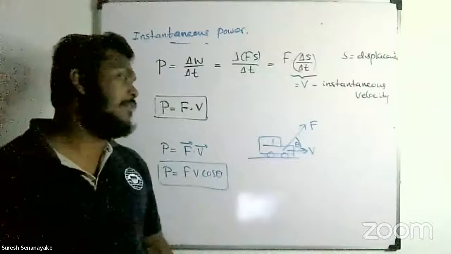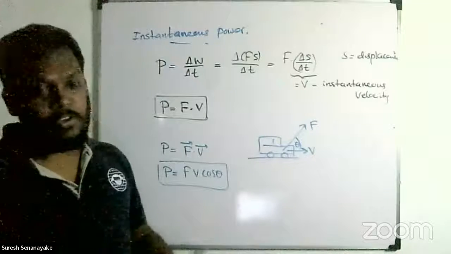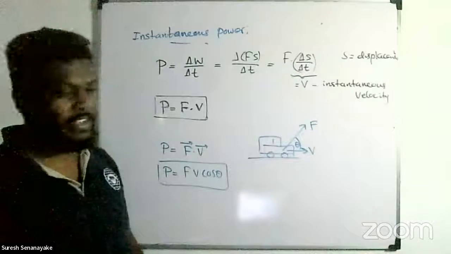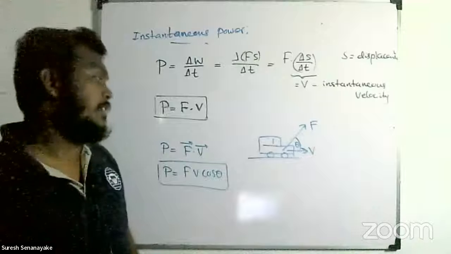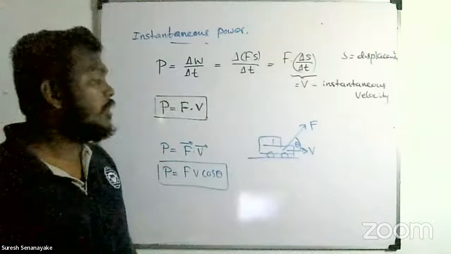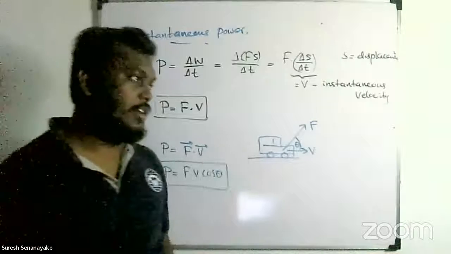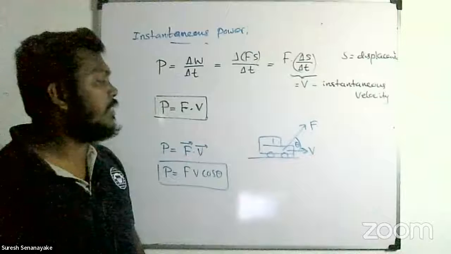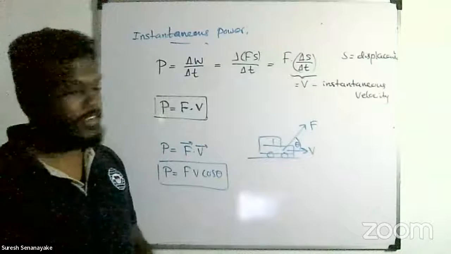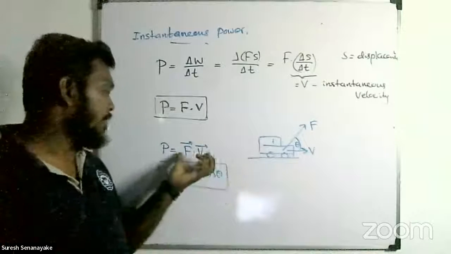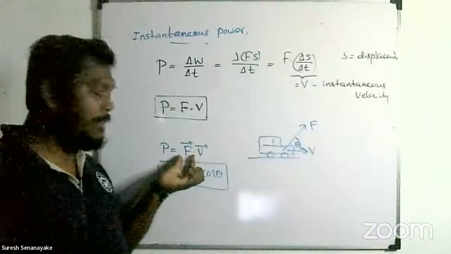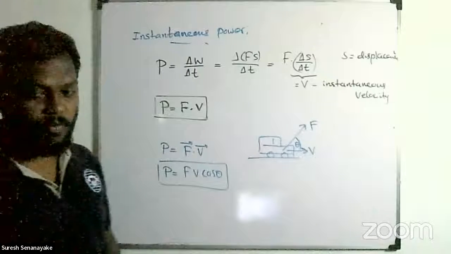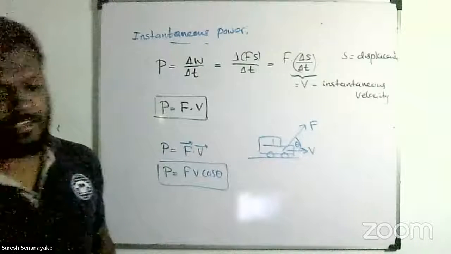To overcome all these forces, the engine should give a force, that's the tractive force or traction. If the tractive force equals all the resistive forces like friction and air resistance, then the vehicle is moving with constant velocity. When it's moving with constant velocity, you can write the power as the force applied by the engine multiplied by the velocity of its movement. Right? So that's the way we write.